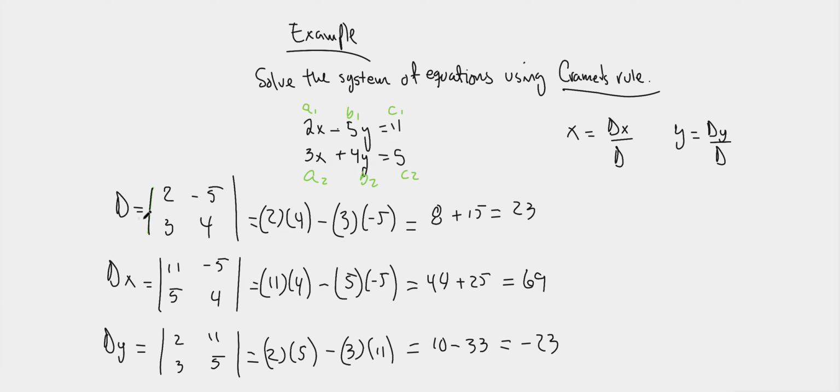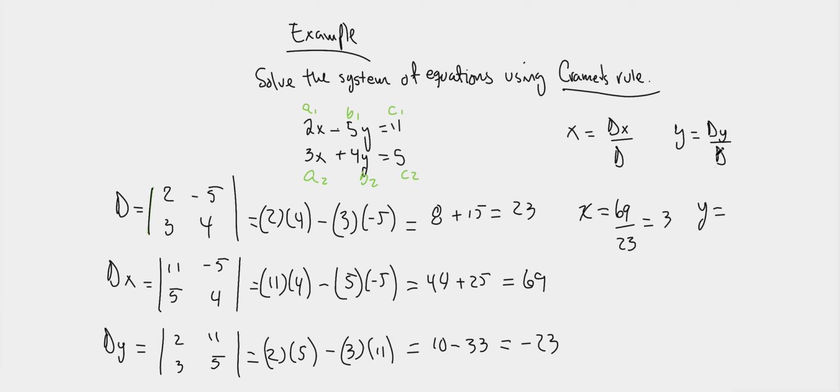Now that we have the determinant of the constant, the determinant of x, and the determinant of y, let's use these formulas here to find x and y. The determinant of x is 69, and the determinant of the constant is 23. What is 69 divided by 23? It is 3.